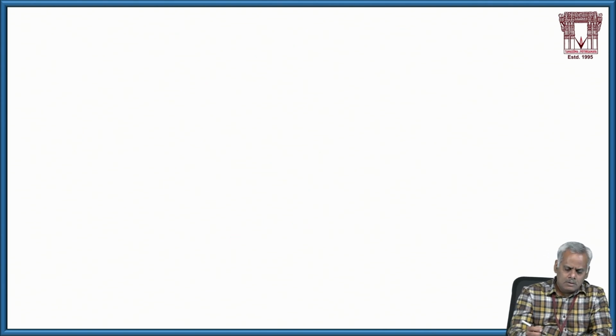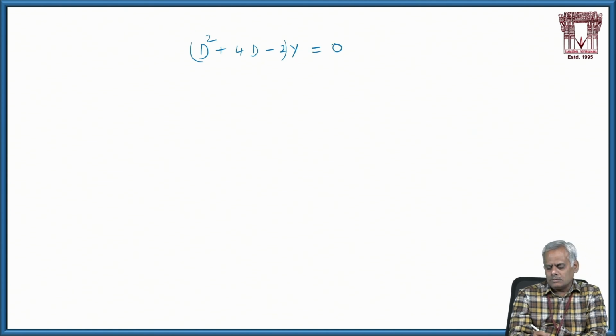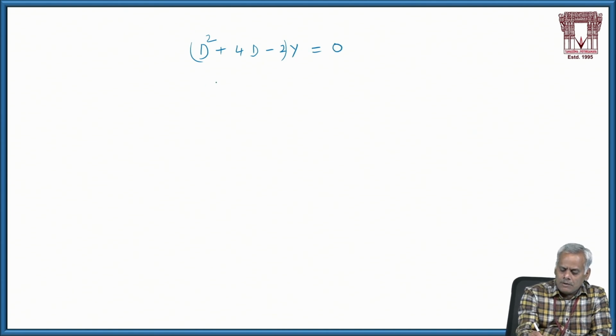For example, solve the differential equation (D² + 4D − 2) y = 0. So here f(D) is D² + 4D − 2. So the auxiliary equation is m² + 4m − 2 = 0.